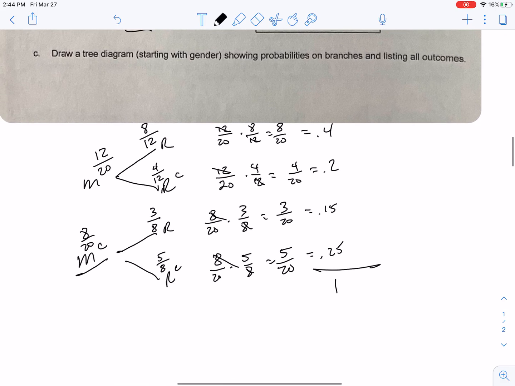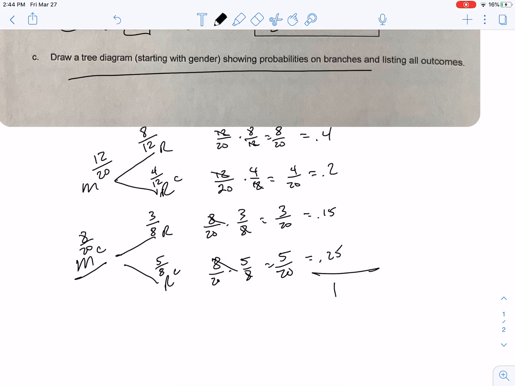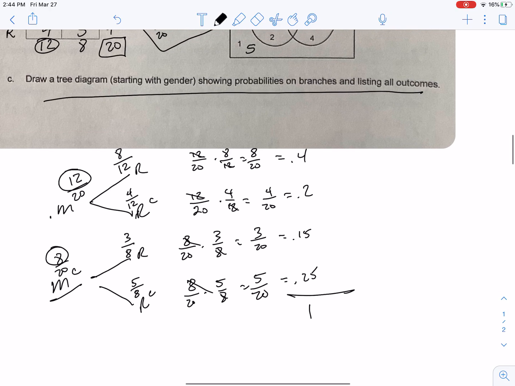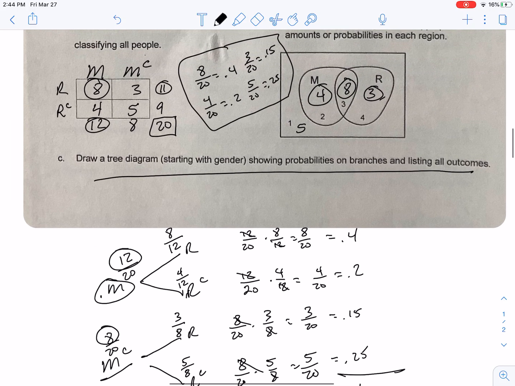When you come down here, it says make a tree diagram starting with the gender. Well, there are males and not males. Out of the 20, there are 12 males, and out of the 20, there are 8 females. Then the next choice is whether they're Republican or not Republican. If they're male, that's this category right here. There are 12 males, 8 of them are Republican.